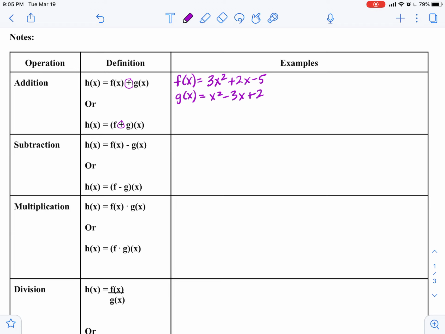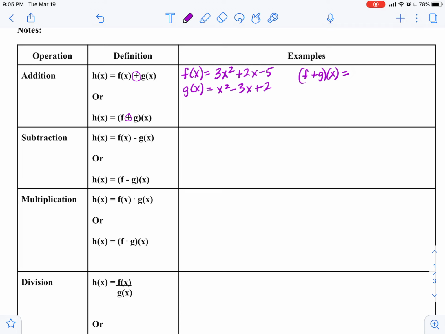If we want to do f plus g of x, then all we're going to do is put those two together and add them. I'm going to rewrite this down here. f plus g of x, that is my favorite way to write it. It's simply going to be 3x squared plus 2x minus 5 plus x squared minus 3x plus 2.